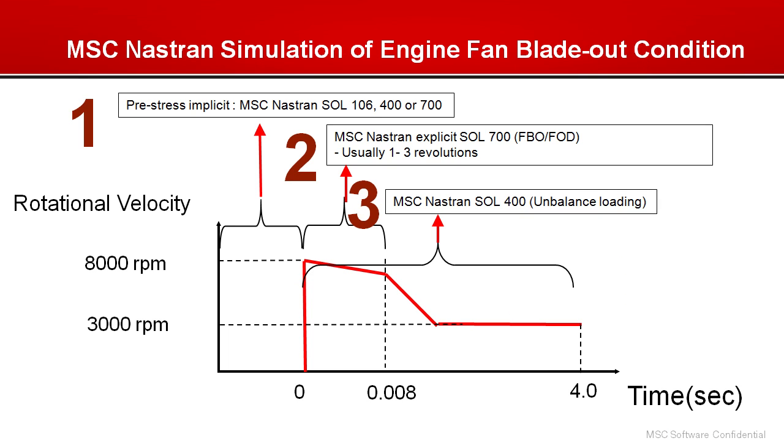In our example, we can pre-stress the blade using SOL700 implicit solver in the first stage by applying a full RPM. In the second step, the fan blade out. For the fan blade out analysis, we run the simulation for about 3 revolutions, about 8 milliseconds.